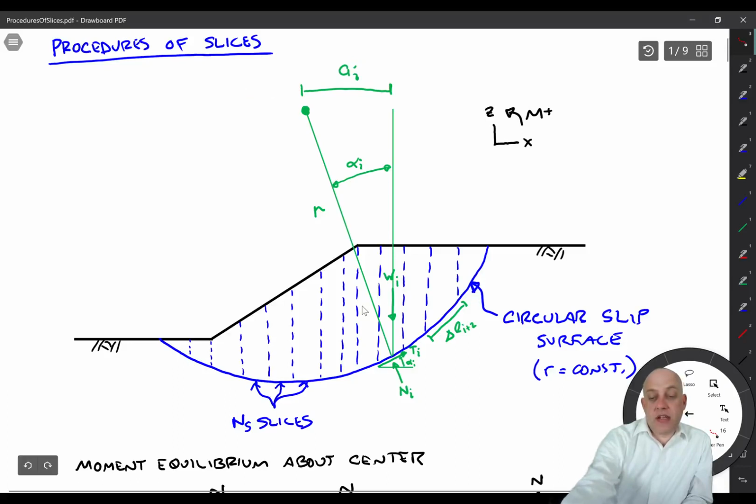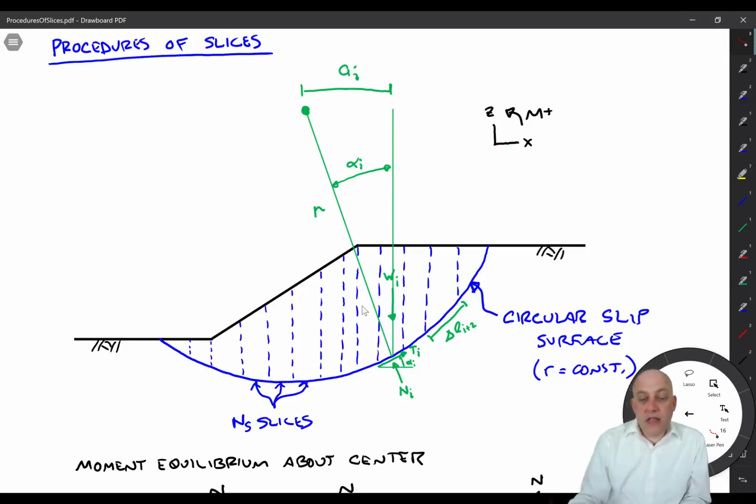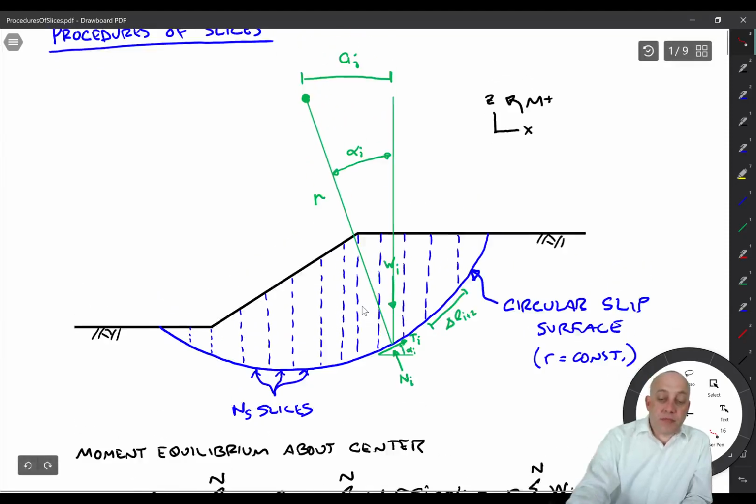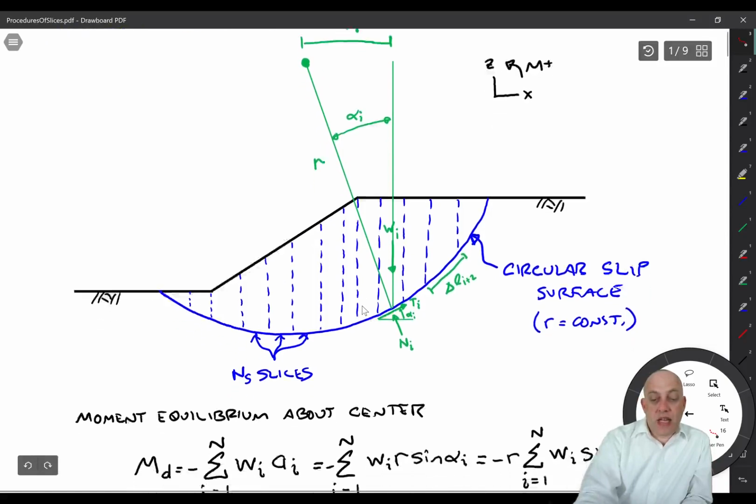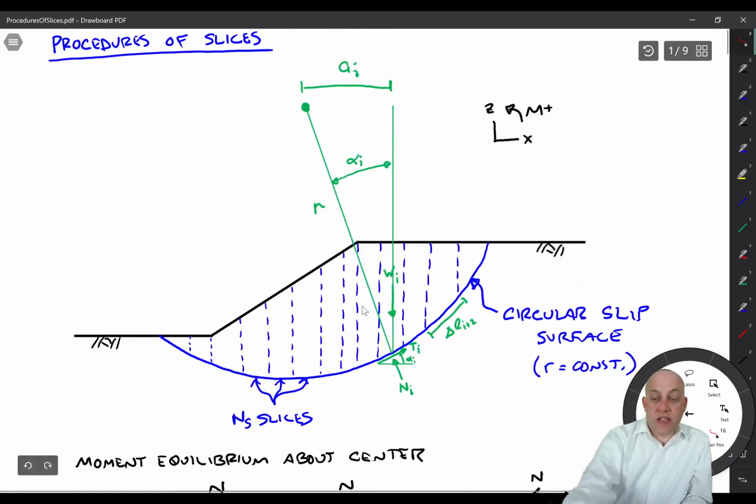That's consistent with the coordinate system: positive x is to the right. So this weight acting at a distance of positive a will produce a clockwise bending moment. Therefore, it's a negative bending moment, because our sign convention is that counterclockwise is positive.